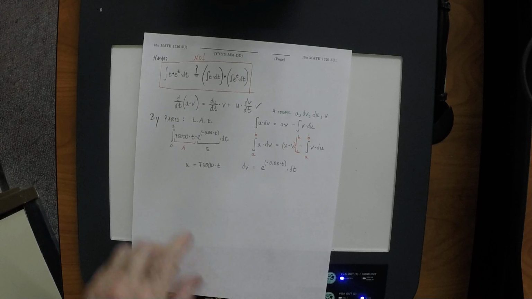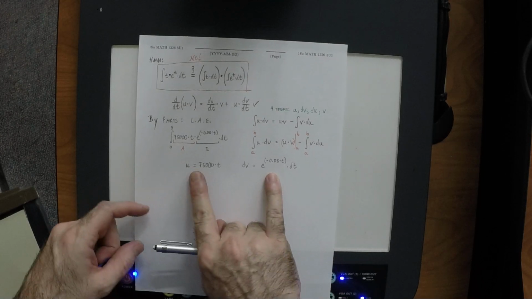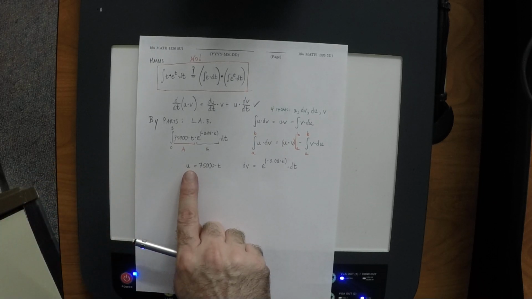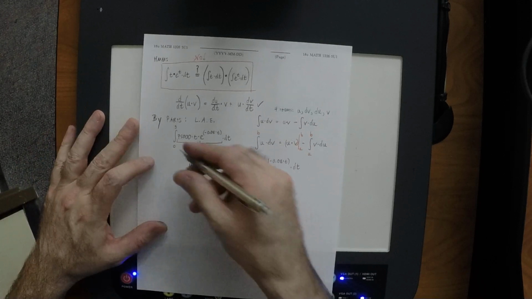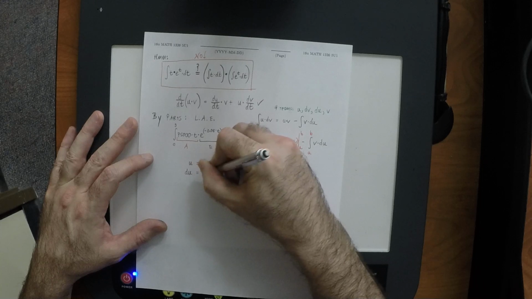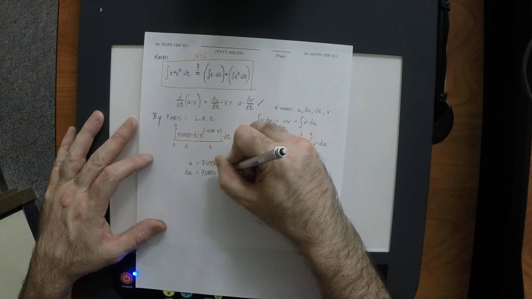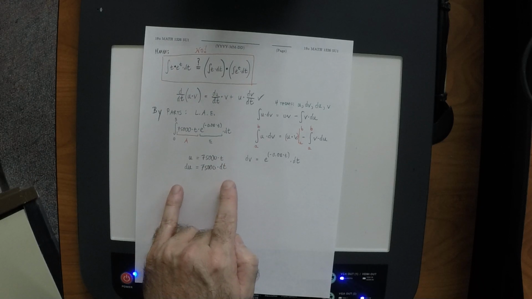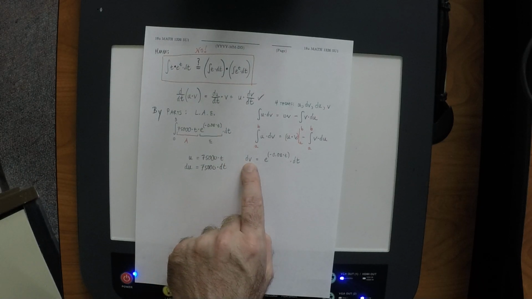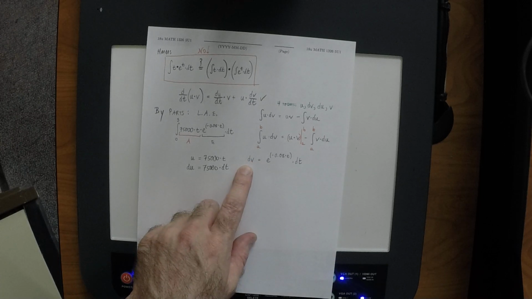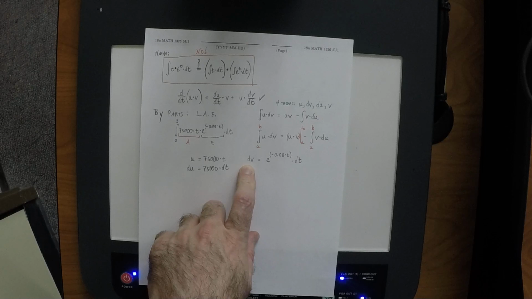So we have 2 of them, there are 2 more to go. What can we get from u? du, right? We can differentiate this and obtain that du is 75,000 dt. What can we get from dv? v, right? We can get v.